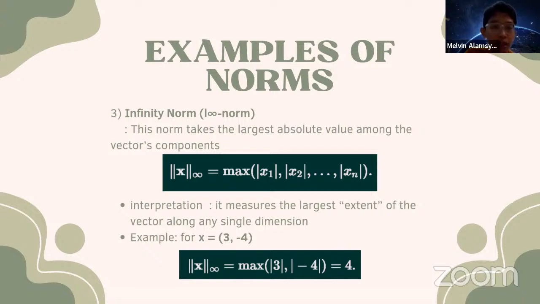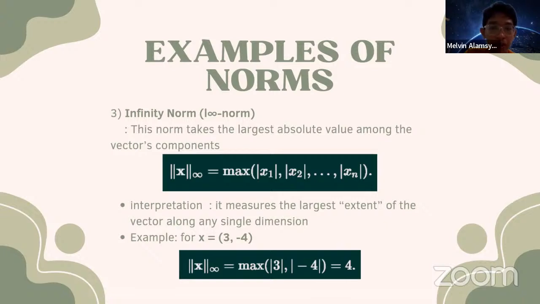This norm takes the largest absolute value among the vector's components, which can be described as below: the norm of x with the parameter infinity is equal to the max of the absolute value of x1, the absolute value of x2, and so on until the absolute value of xn.